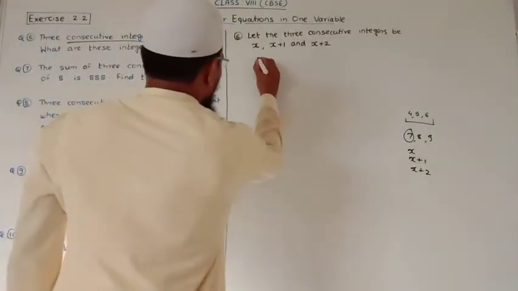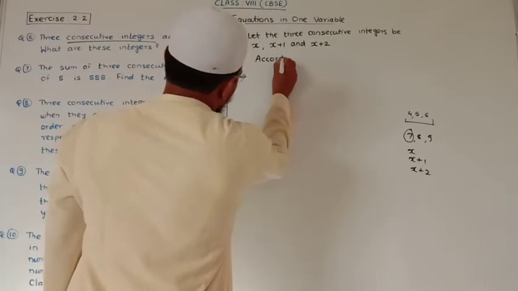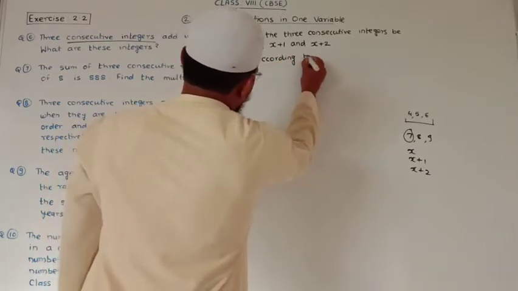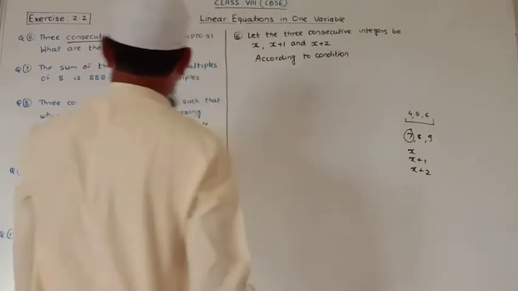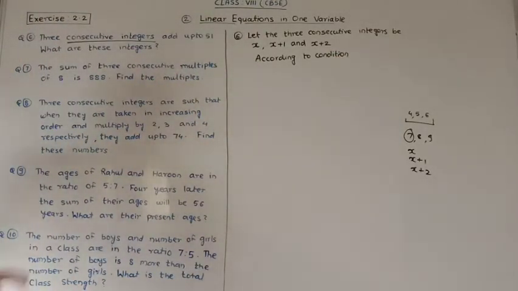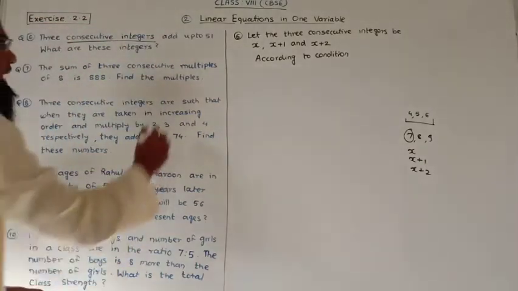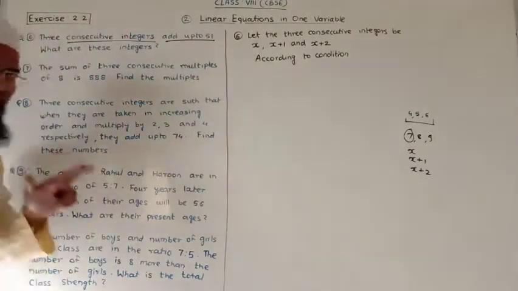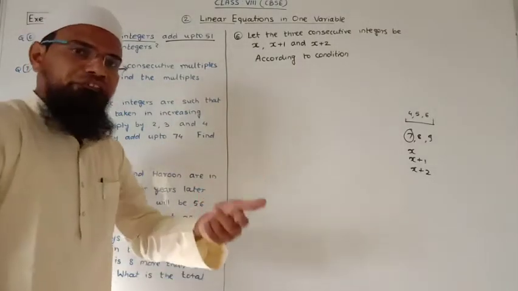After that, what is the condition? We write, according to the condition. These three consecutive integers add up to 51, meaning their summation is 51.